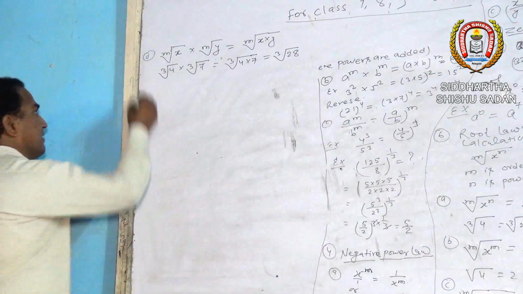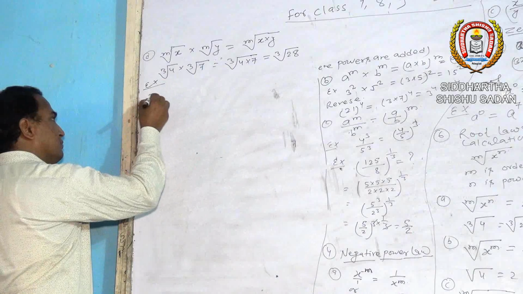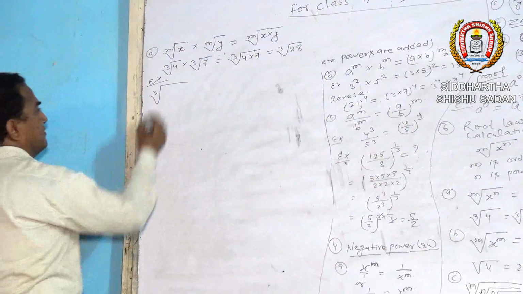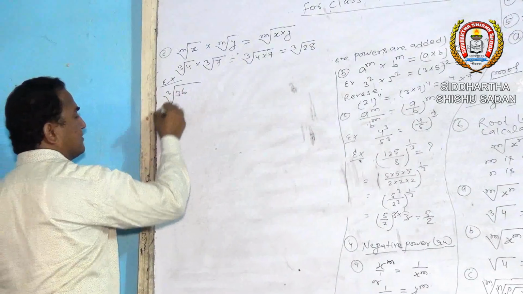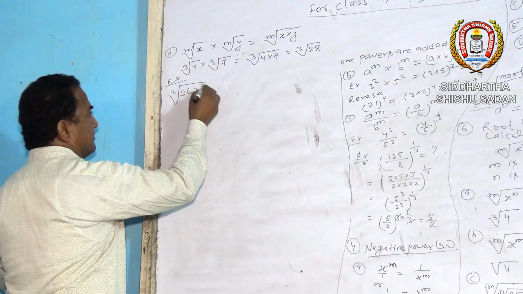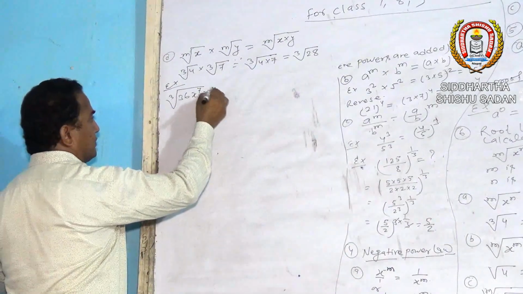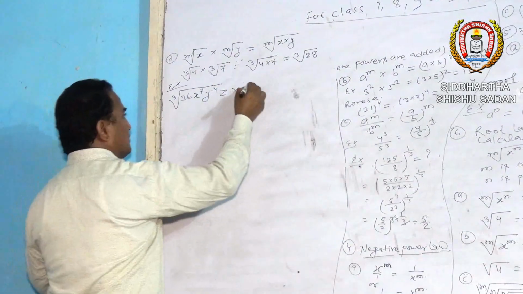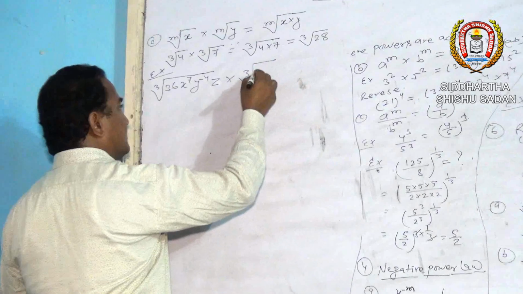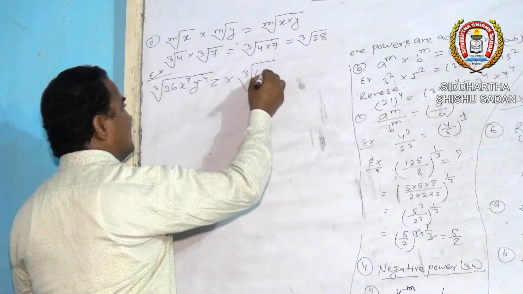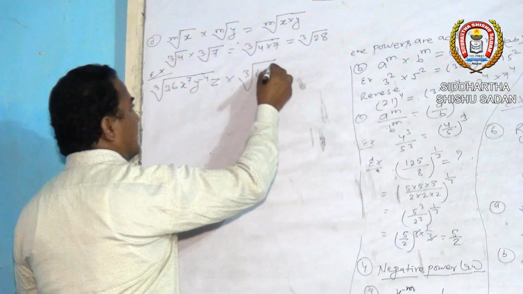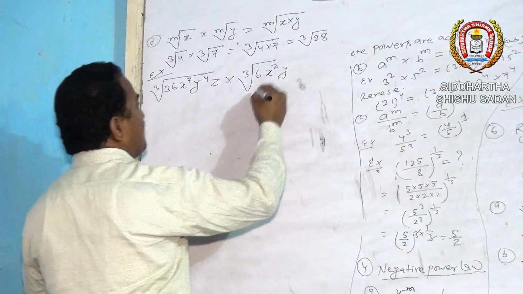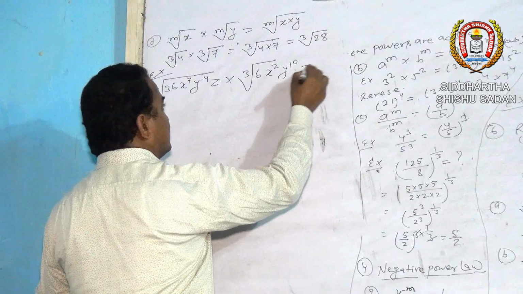For this example, cube root 36 x to the power 7 y to the power minus 4 z into cube root 6 x square y to the power 10 and z square.